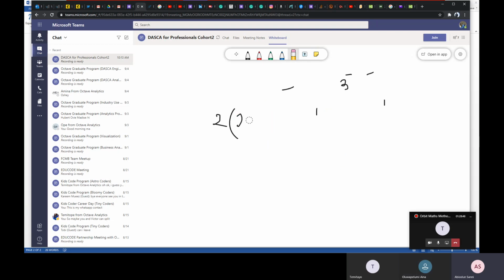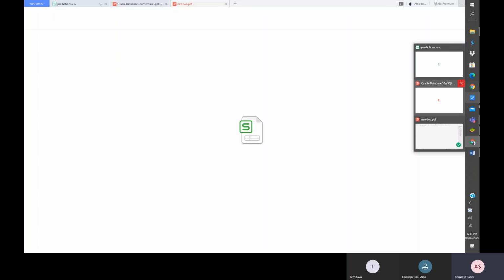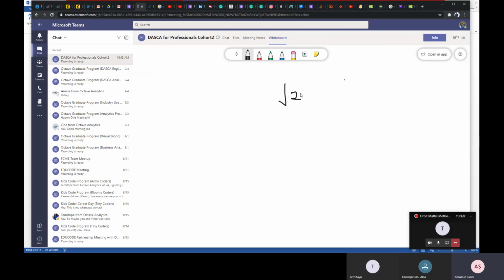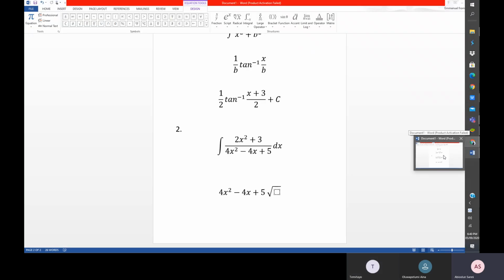Okay. What am I dividing again? What's inside the box? 2x squared plus 3, divided by 4x squared minus 4x plus 5.